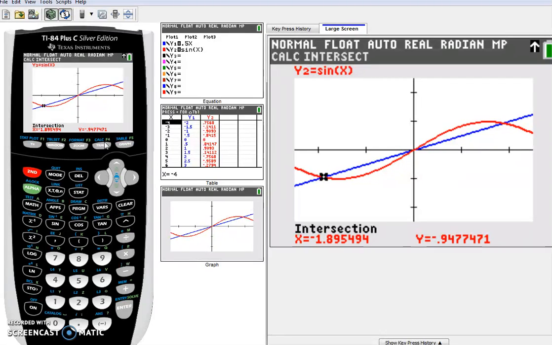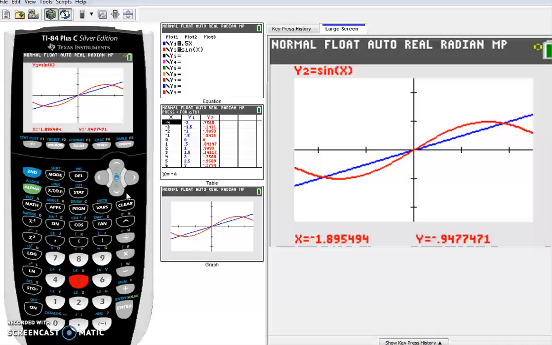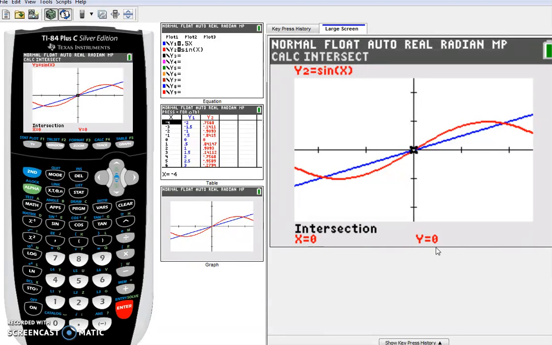Now let's calculate the second intersection. You have to hit second, trace again to get to calculate, 5. Now we can also do this middle intersection. If you guys don't believe me that that's the origin, 0, 0, hit enter, second curve, hit enter, guess it, and it should be at the origin 0, 0. But let me go ahead and calculate that last intersection.